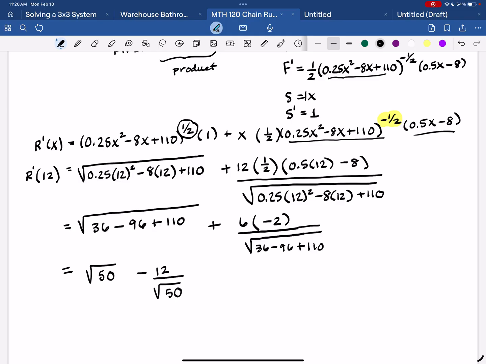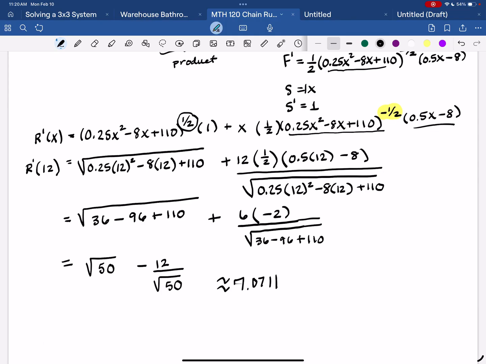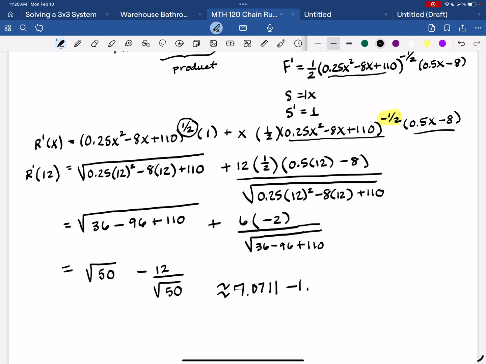I'm going to get my calculator out here, and I'm going to switch over to approximately equal to, because I'm going to have to round these. Let's see, the square root of 50 is about 7.07, and I'm going to go 4 places and then round at the end. So 7.0711 minus, now I'm going to do 12 divided by the square root of 50, is 1.6971.